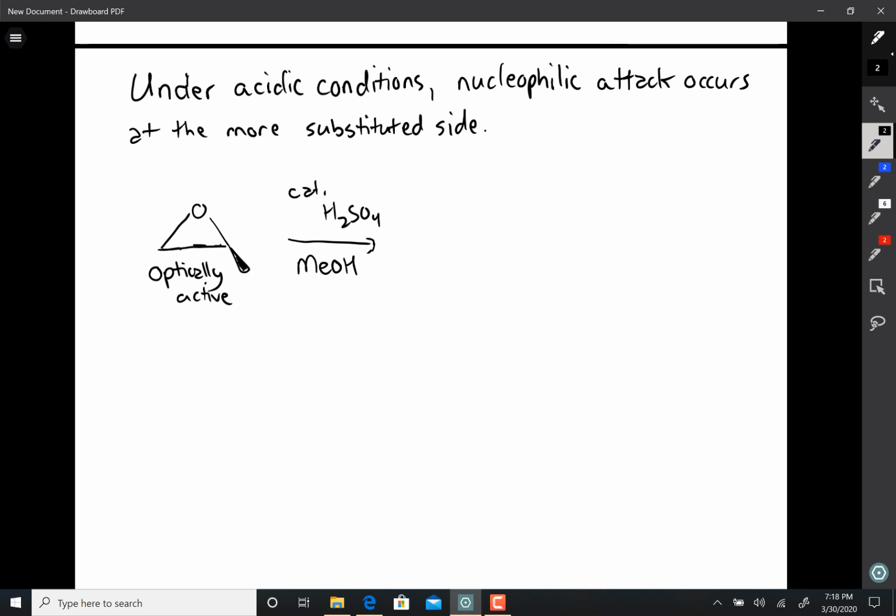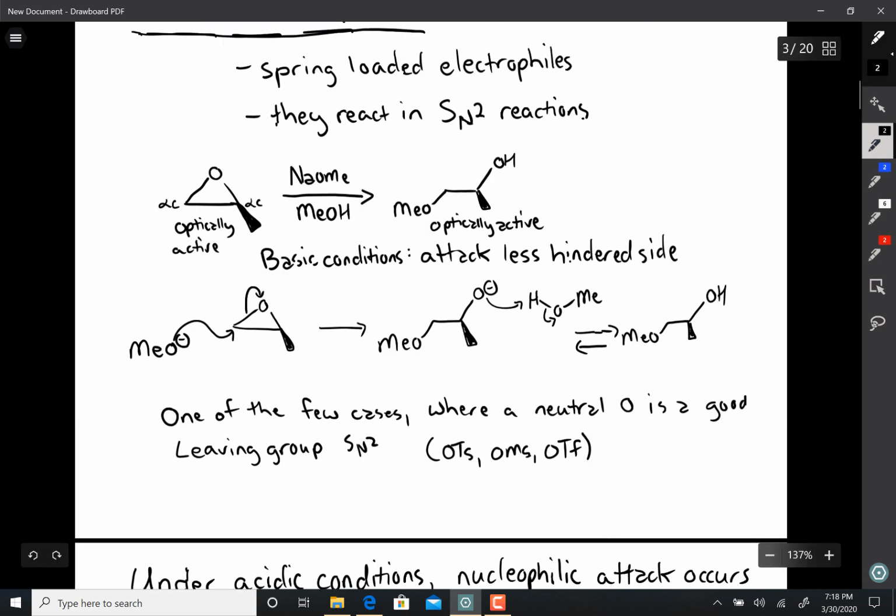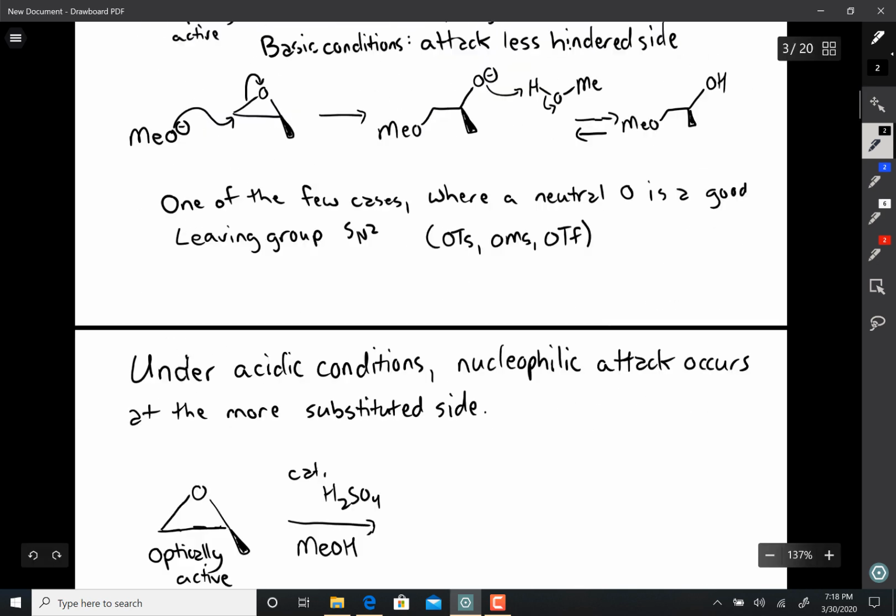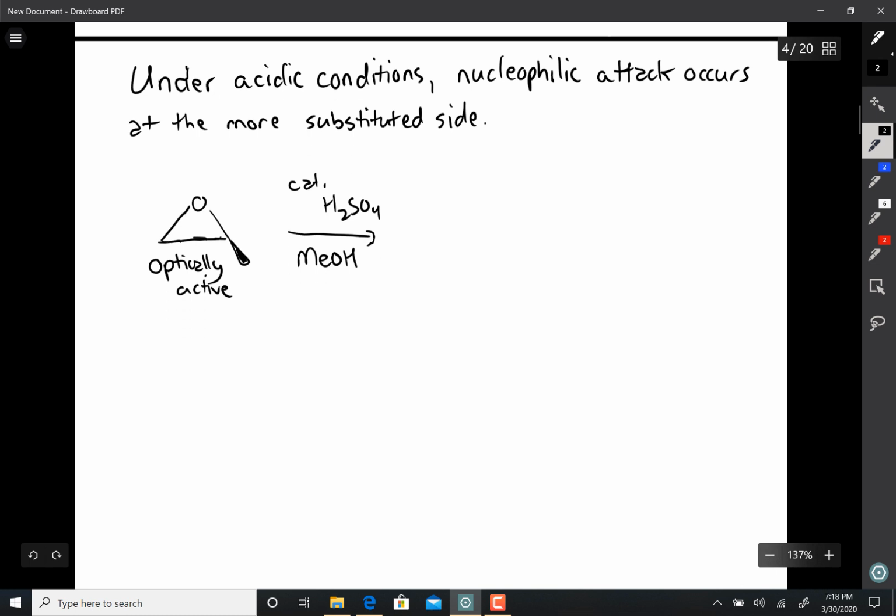Now, methanol is not as good of a nucleophile as methoxide is. Methanol is a weak nucleophile. And you're under acidic conditions, so you can't form methoxide.